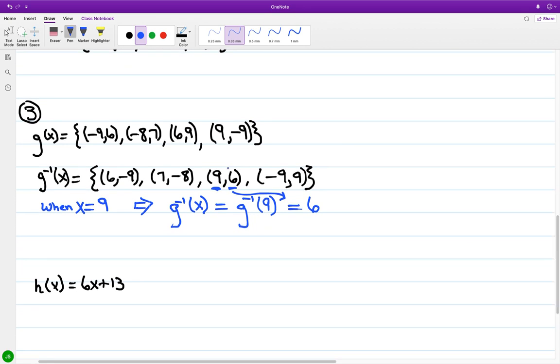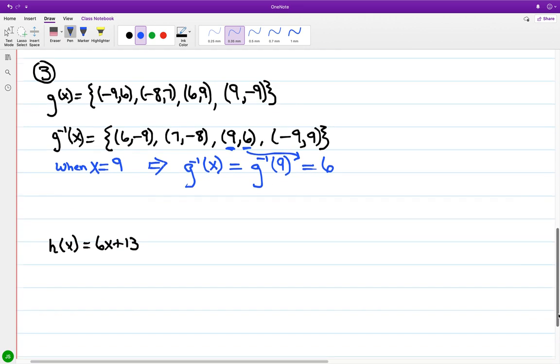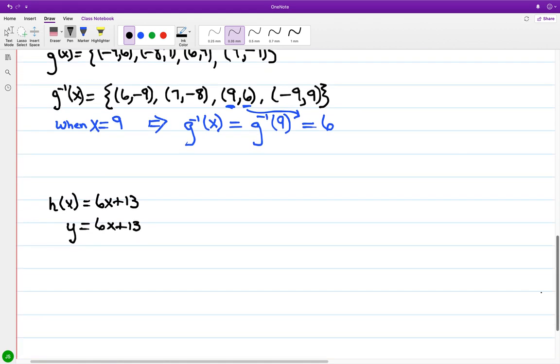Now, for the second part, we're looking at h of x equal to 6x plus 13. And it says to find what the expression will be for the inverse. So we have h of x. Now this is functional notation for what we otherwise say is y. So to say that h of x is equal to 6x plus 13 is the same as saying y is equal to 6x plus 13 in the x and y coordinate system.